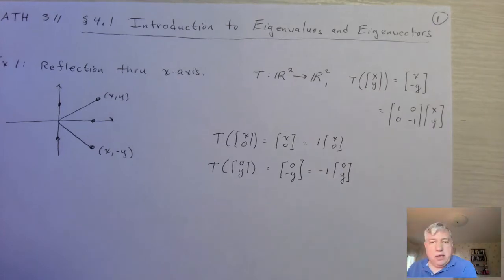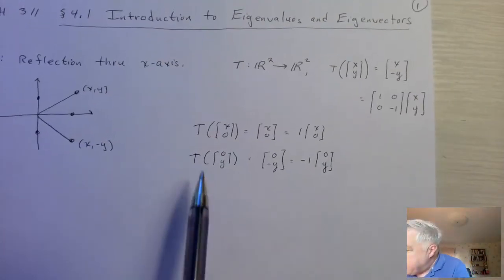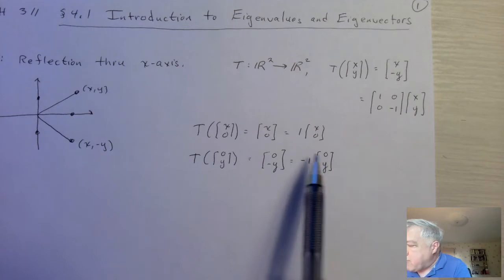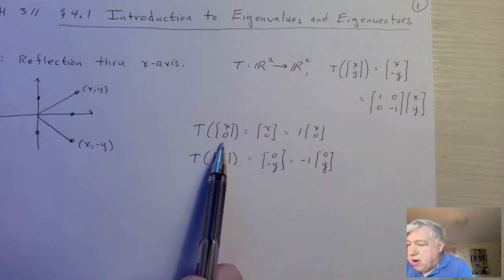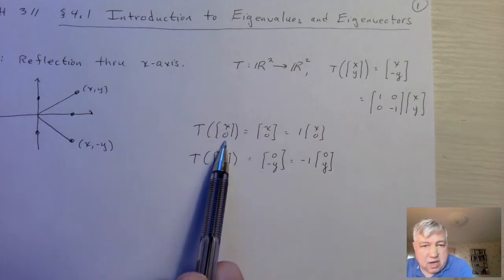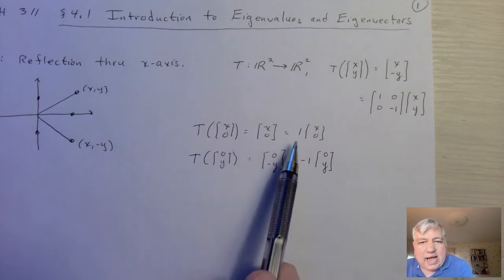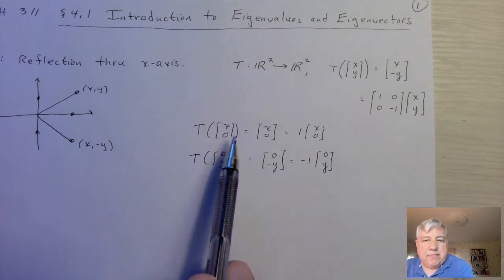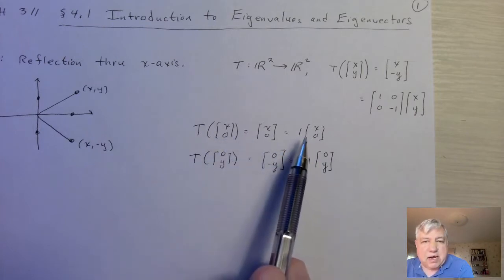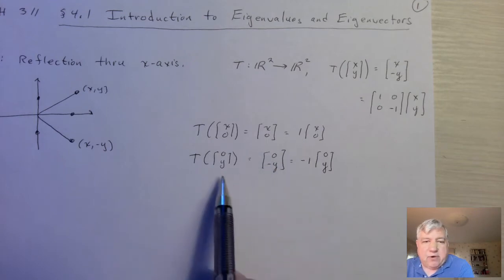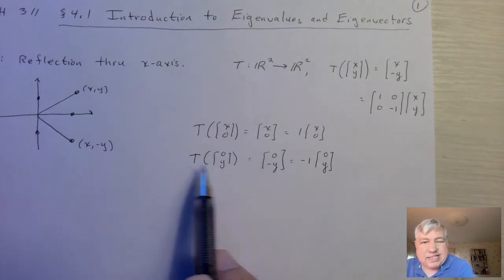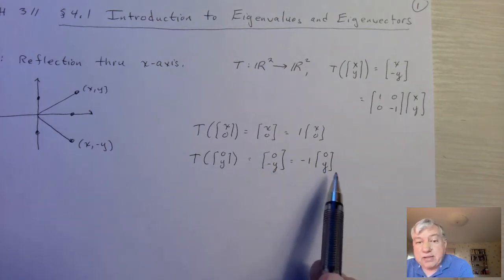And this is what this matrix does. So just on a vector of this type, T basically acts as multiplying this vector by a constant, namely 1. And for a vector of this type, T basically acts on it by multiplying it by negative 1.